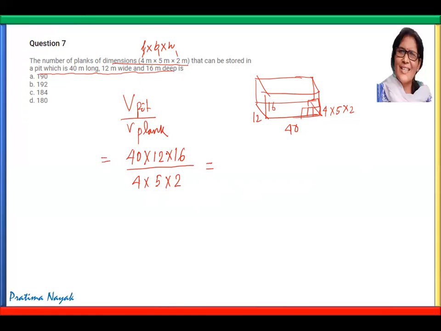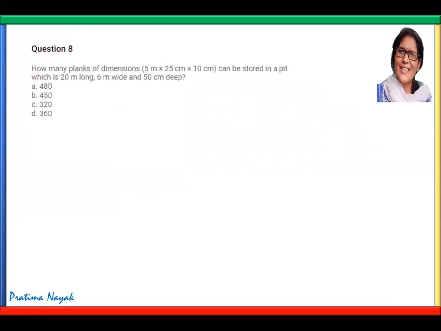Now don't multiply the whole thing, cancel here. So 4 4 times 16, 2 2 times 4, then 5 8 times 40. So you are multiplying 96 by 2. How much? 192. 192 is the answer.